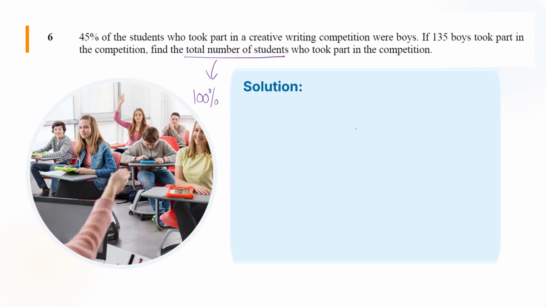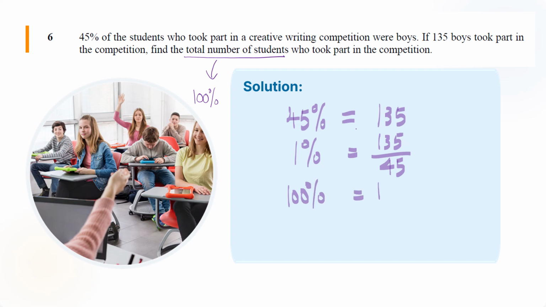Okay, so this is how we do it. Right, so 45% is equal to 135 boys. So to find 1%, we divide 135 by 45 on both sides. So to find 100%, it will be 135 over 45 times 100.